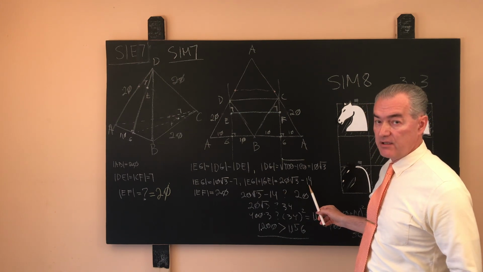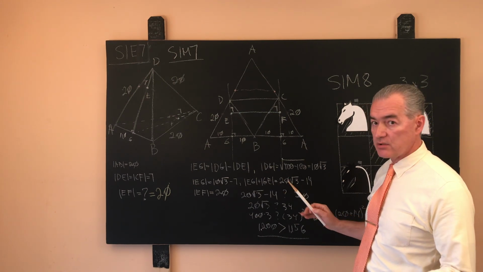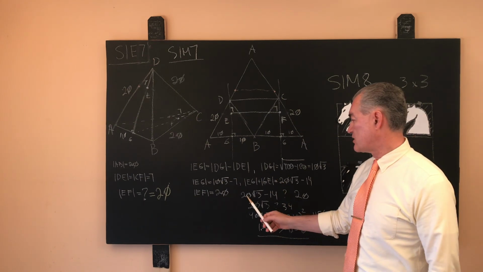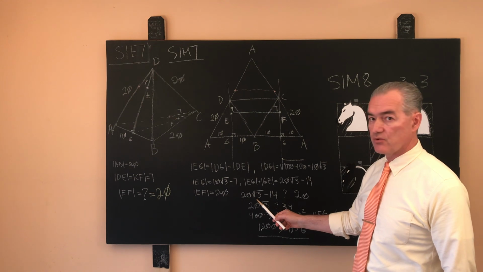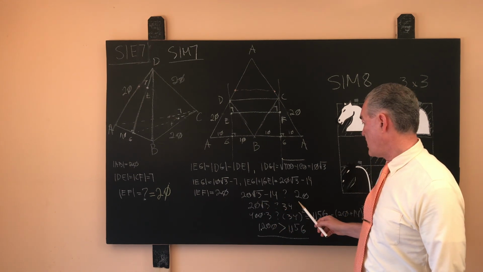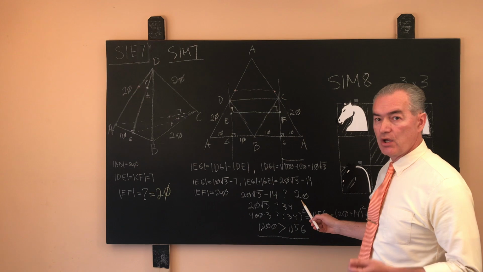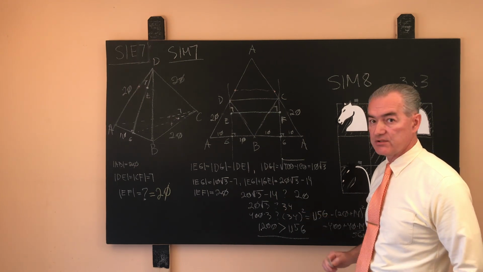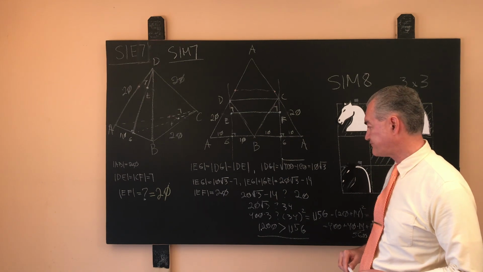And the interesting question becomes, in what relation, less than, greater than, or equal to, are the numbers 20 times square root of 3 minus 14 and 20? What is the relationship between the magnitudes of these two expressions?